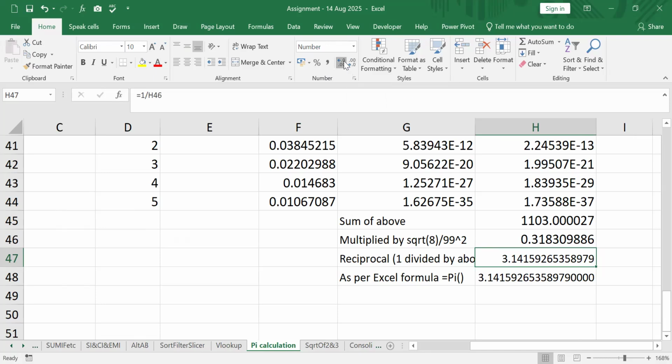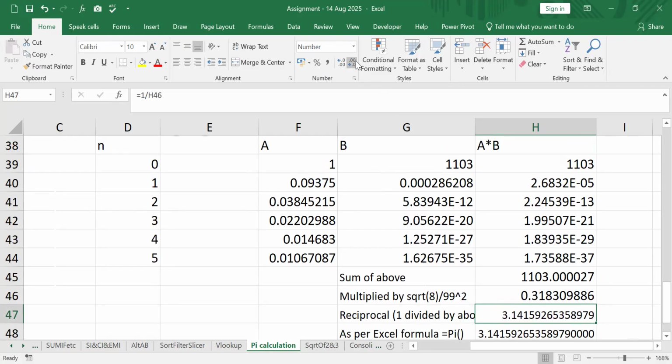Now, if I take 6 instead of 5, it might give me some other number. I will not know whether it is correct or not, because Excel gives only this, but of course on the internet you can get up to 35 places also. Currently, pi is known up to 3 trillion decimal places.